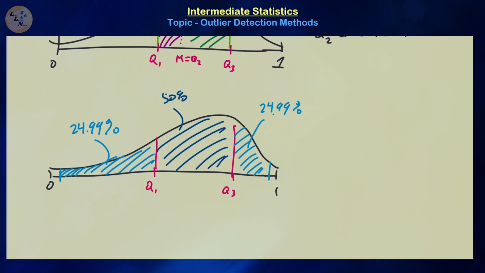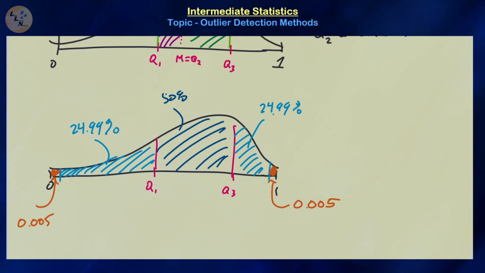That means there's 0.01% left in these little tails, this little tail here and this little tail here. That means this area is going to be 0.005, and that area there is also 0.005.